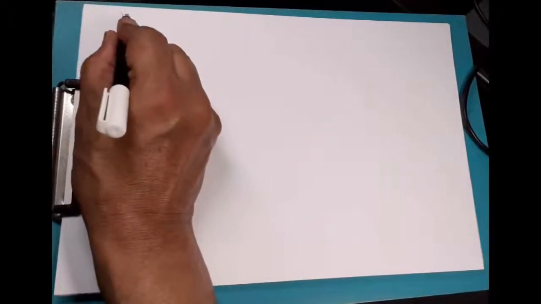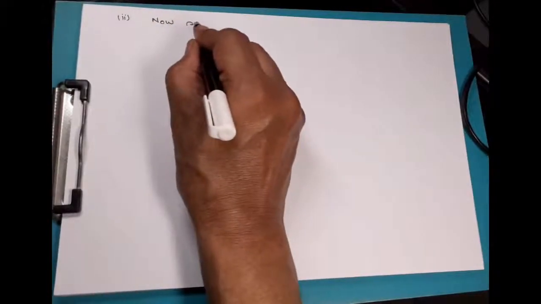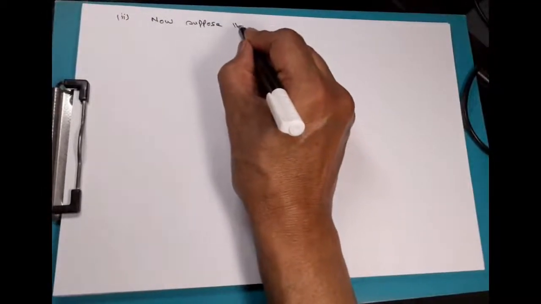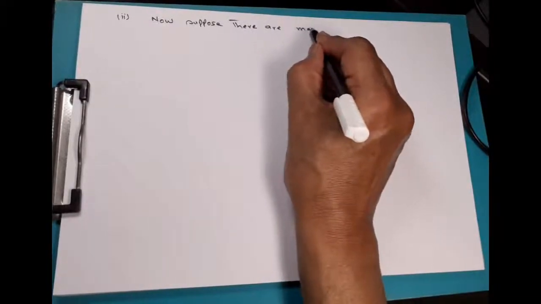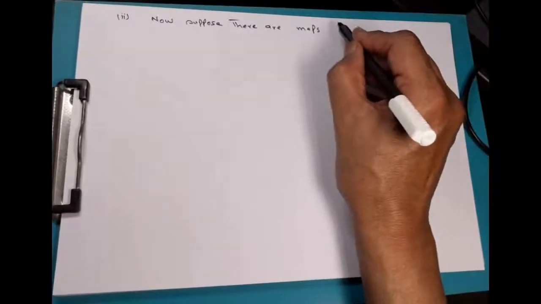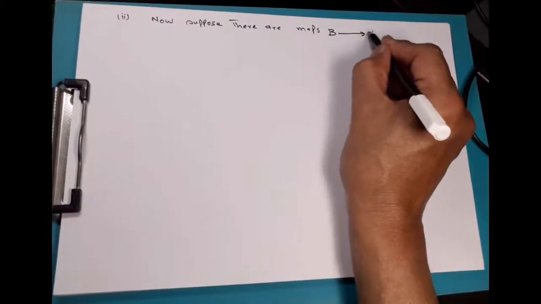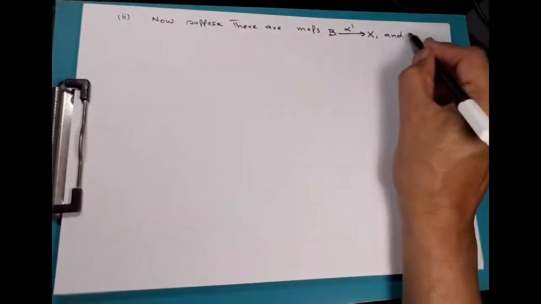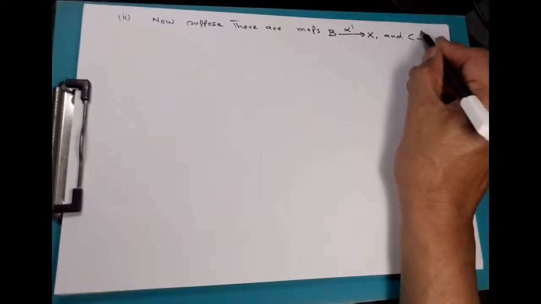Now suppose there are maps for our second condition. There are maps, meaning module homomorphisms: a map from B to X, which is alpha dash, and a map from C to X, which is beta dash.